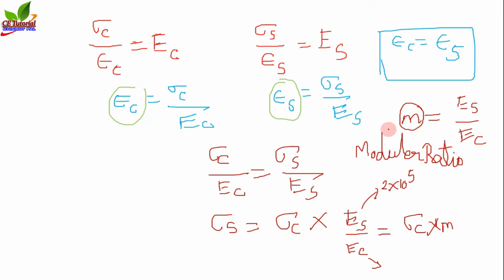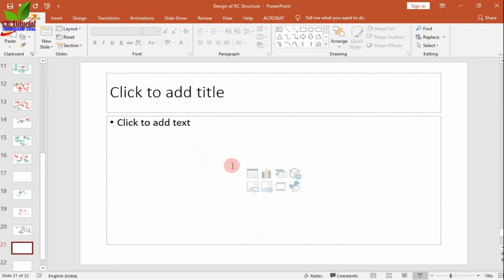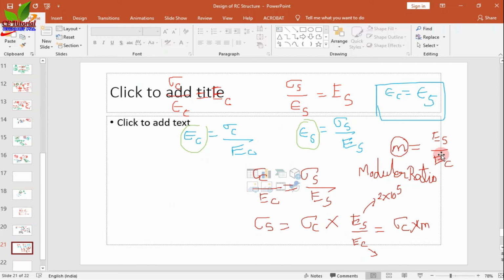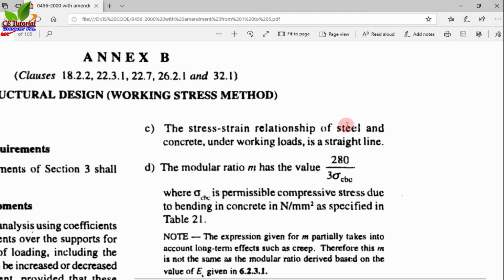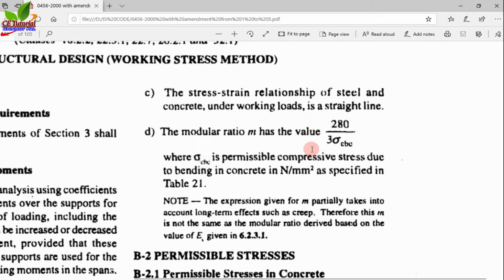This m is called modular ratio, and IS code provides the value of the modular ratio ES by EC as 280 by 3 sigma CBC. IS code says that you don't need to consider the modular ratio as ES by EC, you just consider the value of modular ratio as provided by the IS code, that is 280 by 3 sigma CBC. What is sigma CBC?